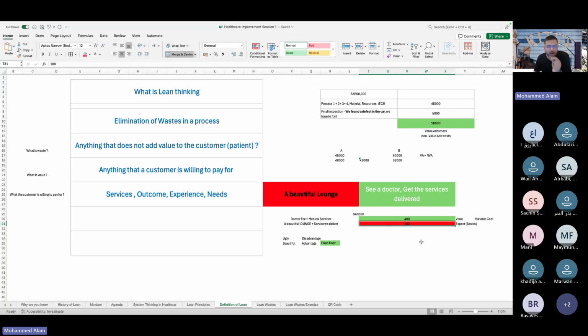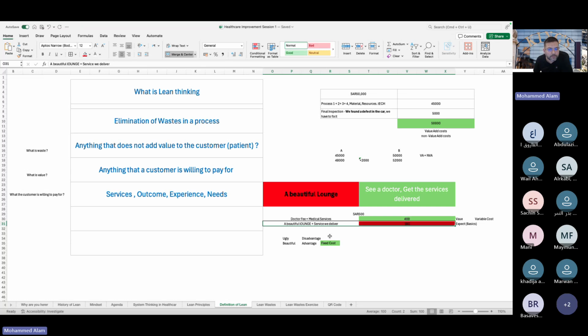Once somebody comes to know the cost of something which is not adding value, because this is what the customer thinks, adding value. And if this is not adding value, he would say, boss, I'm okay with a moderate lounge, but I do not want to pay for this extra 100 real. Some customers would pay for it, but those are very rare, 5% of very upper class VVIP patients, let's say. But 95% would say, no, I do not want to pay for it.